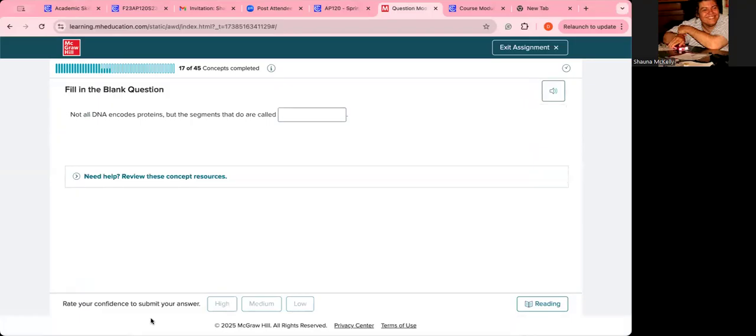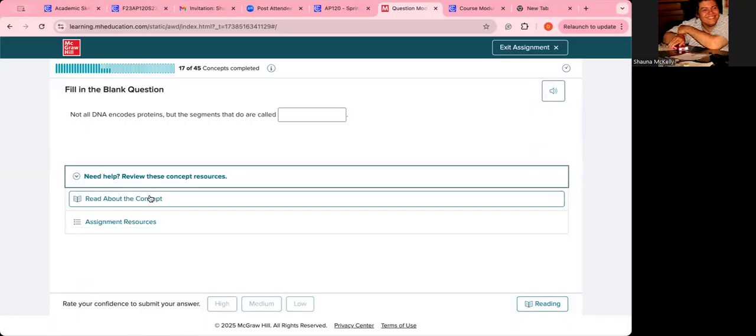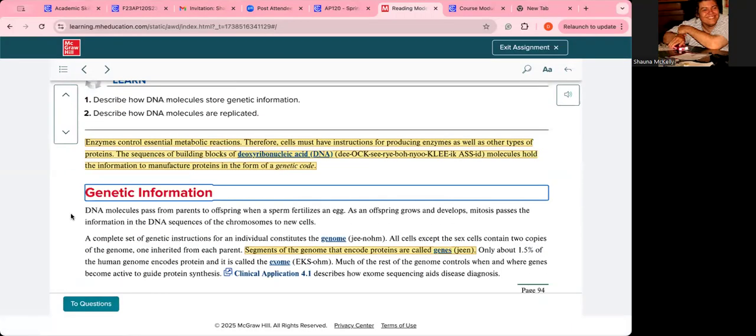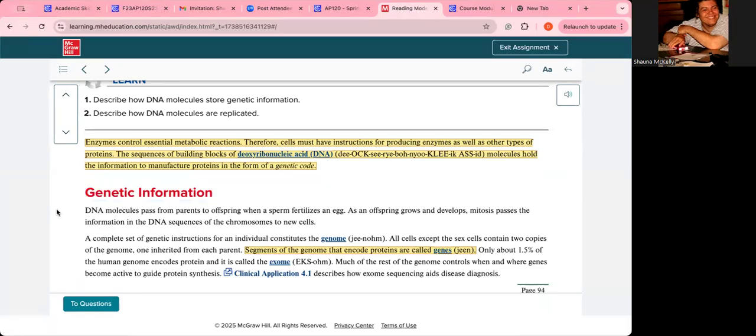Not all DNA molecules encode proteins, but the segments, okay, I don't remember the specific word for the DNA that can encode, it's like an exosome or something like that. Yeah, okay. Only about 1.5% of the human genome encodes protein, and it is called the exome. Exome, E-X-O-M-E.